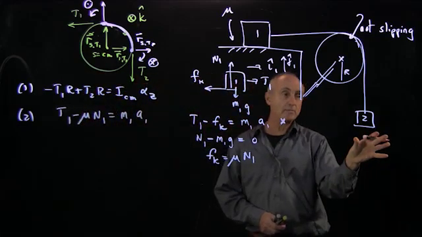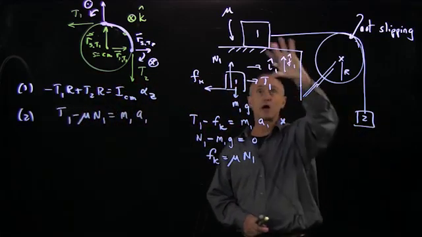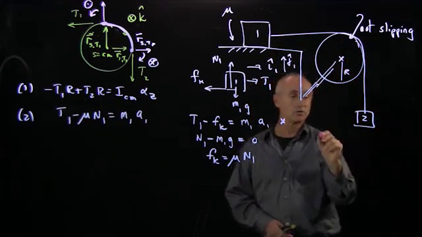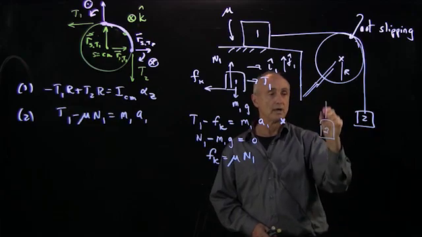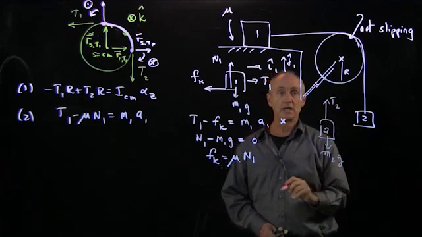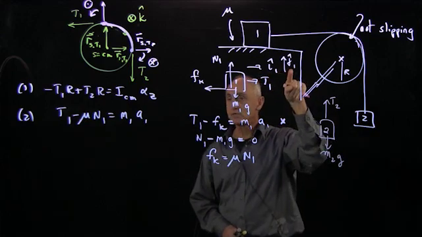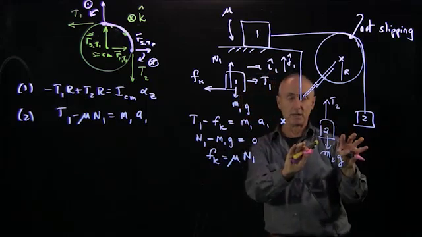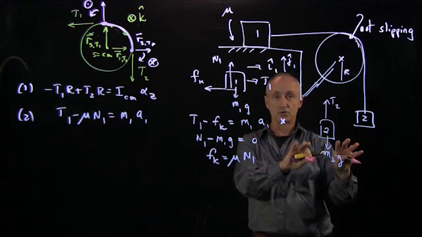Now I have to apply the same analysis to 2. Notice I'm not drawing my force diagram on my sketch. I do a separate force diagram on 2. So here's 2. I have tension T2 and gravity M2 g. Now, even though I chose a unit vector up here, this choice of unit vectors is completely independent of how I choose unit vectors for 2.